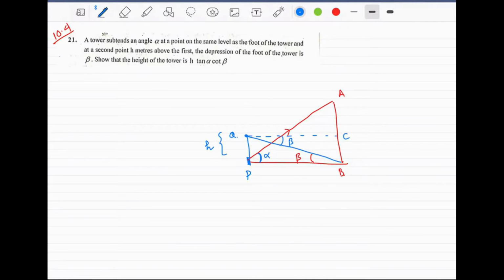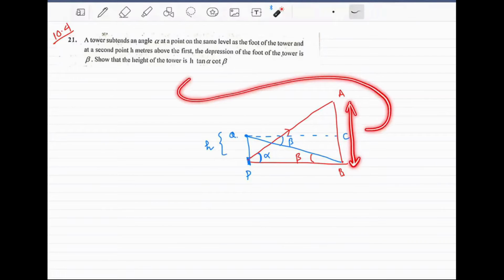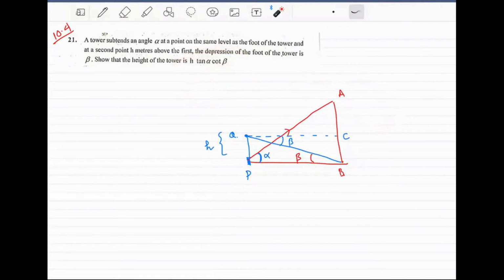What's our goal? Our goal is to prove that the height of the tower is this value right here, h tan alpha cot beta. So we have to find out AB. How much is AB? Now what you can see is two small triangles. One right angle triangle right here, another right angle triangle right here.